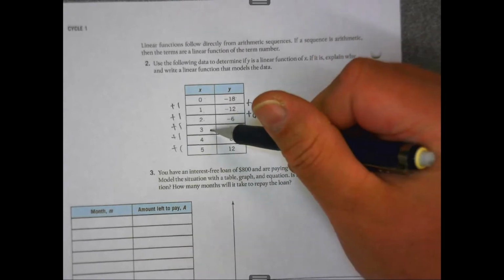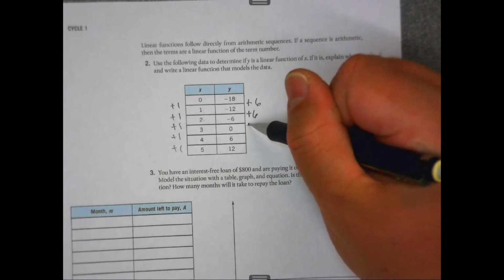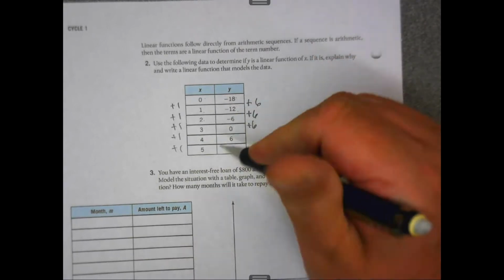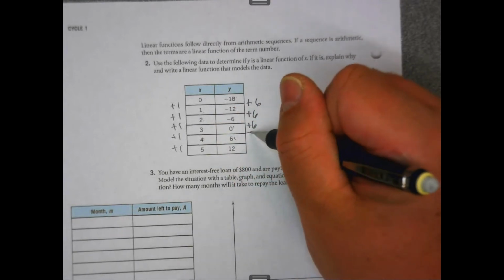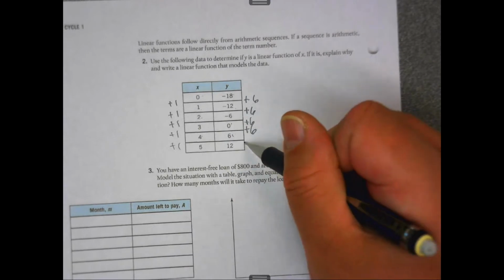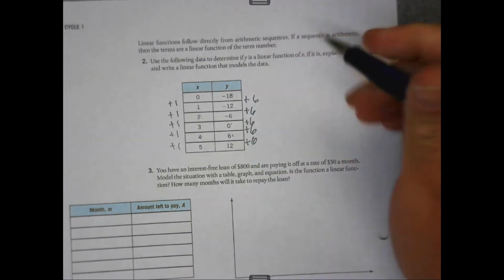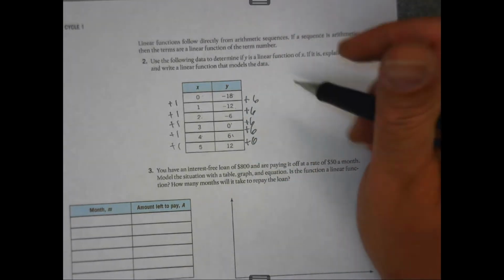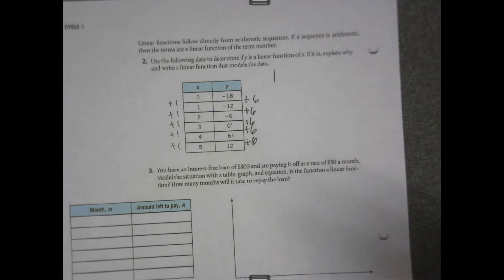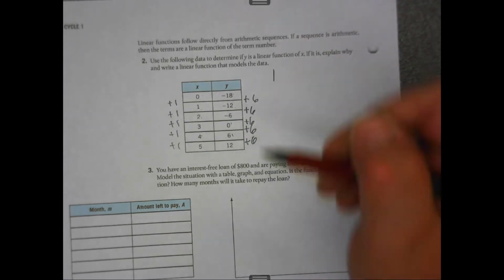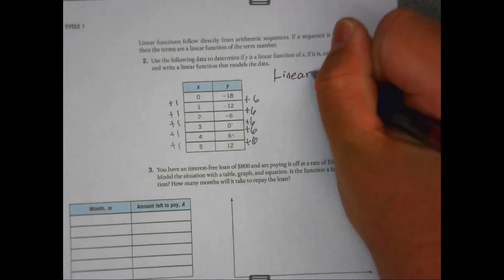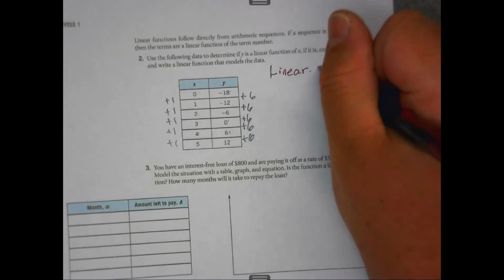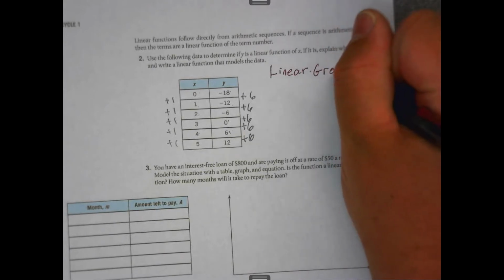When my x is 3, I add 6 to get 0. When my x is 4, I add 6 to get 6. So I definitely have a linear model, and it's growth.